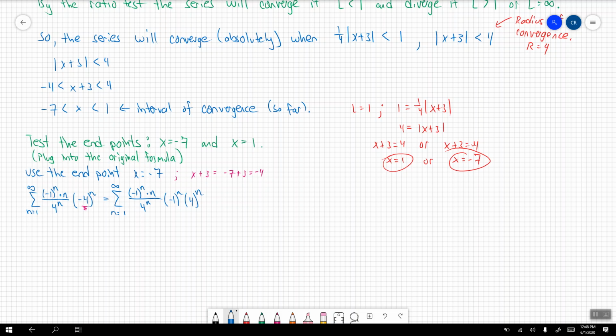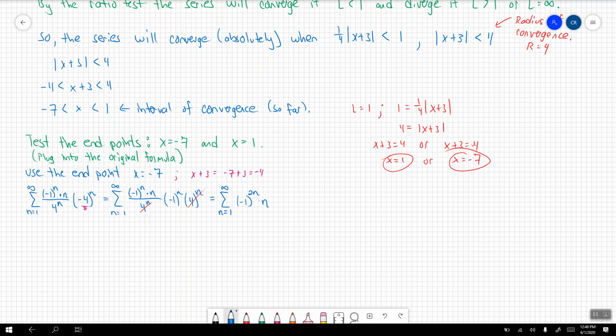Now if this is the case, that's kind of nice, because notice the 4 to the power of n's are going to cancel, and then we have two of these values, negative 1 to the power of n. So this gives us negative 1 to the power of 2n multiplied by n.